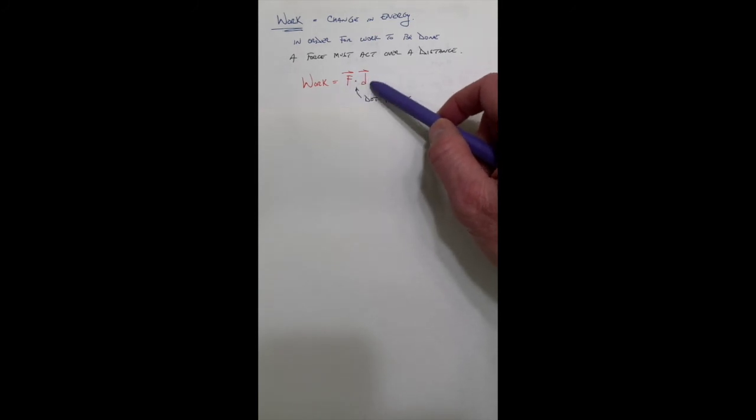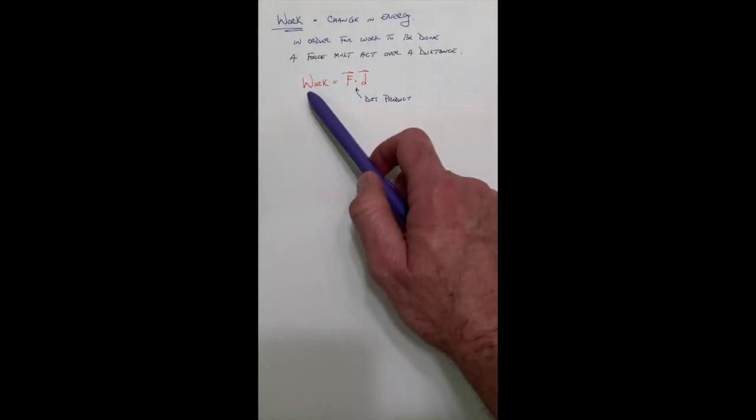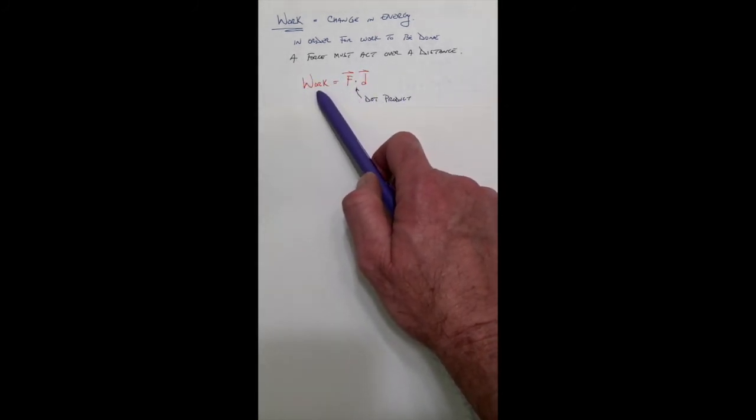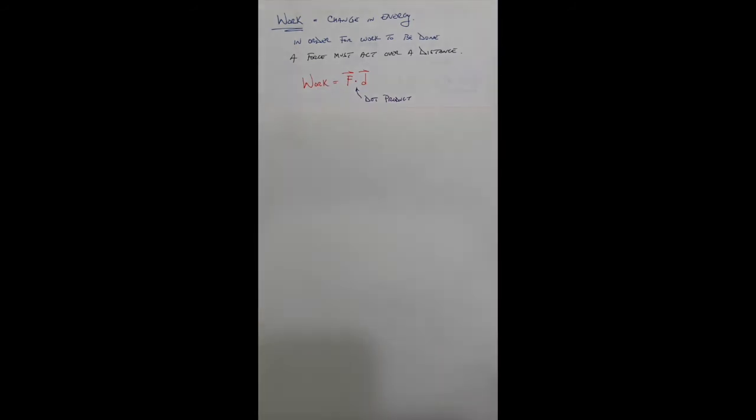But today, the dot product is when I take two vectors, force and displacement, and multiply them and get a scalar. My work is a scalar. So I've taken two vectors, multiplied them to give me a scalar.